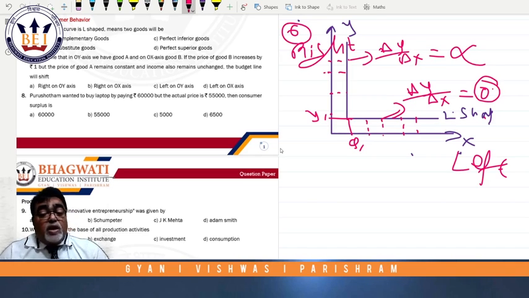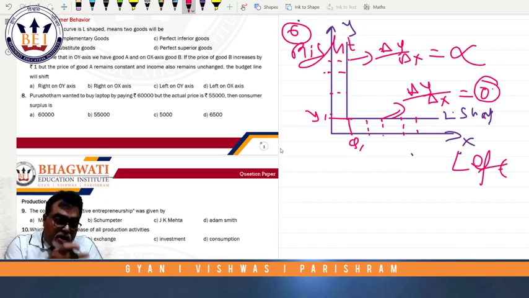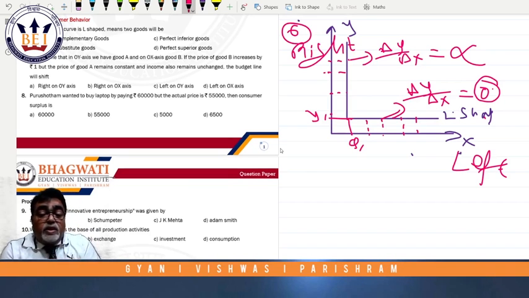So this right shoe and left shoe are nothing but perfectly complementary goods. I repeat, perfectly complementary goods means a 1:1 relationship. If one increases, the other should be associated with it, as it cannot be used otherwise. That is why we call them perfectly complementary goods.